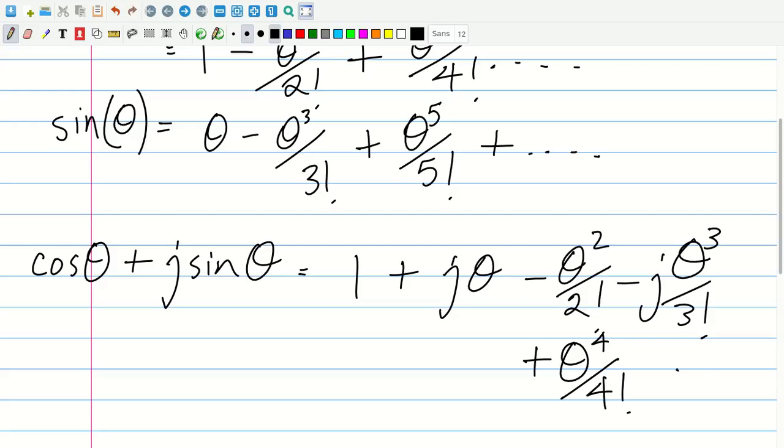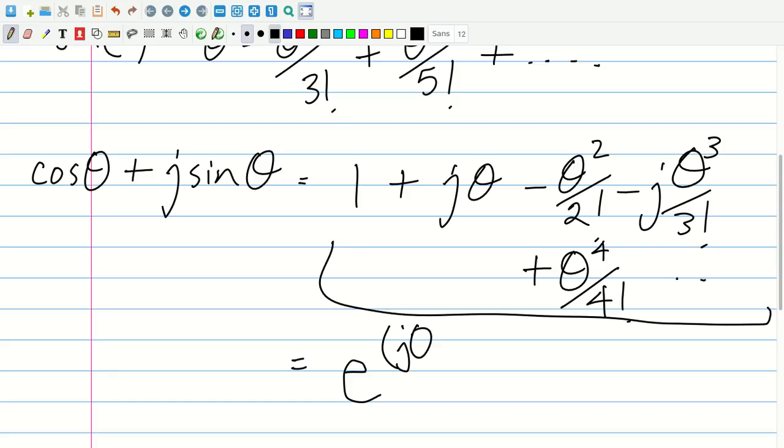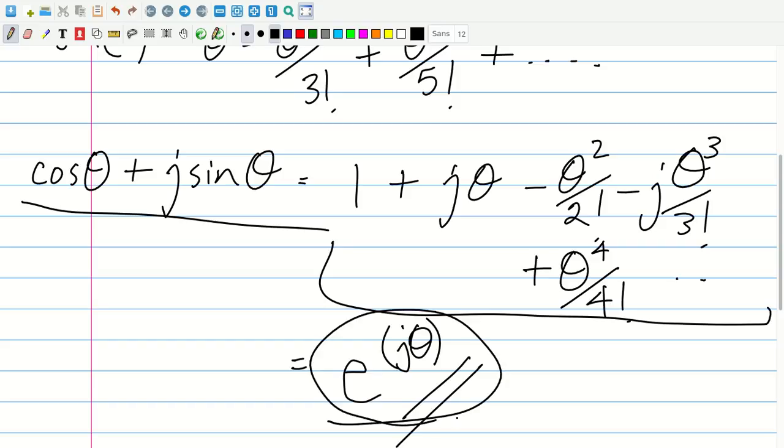When you just add them straight up, this specific expansion is actually the expansion for an exponential that has an argument j theta. And so we end up getting this beautiful relation that we used previously that I didn't prove as of yet.